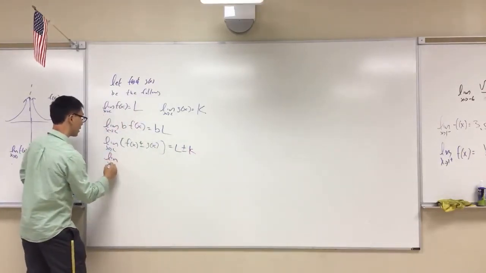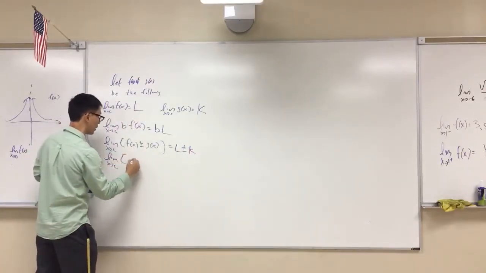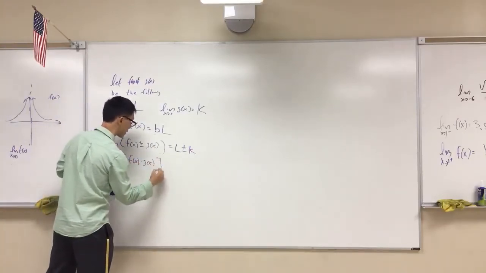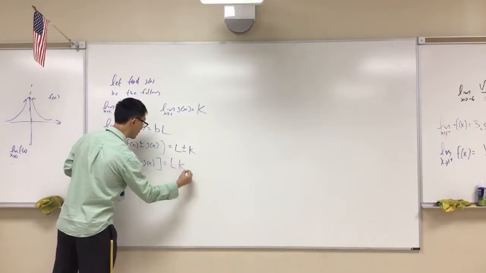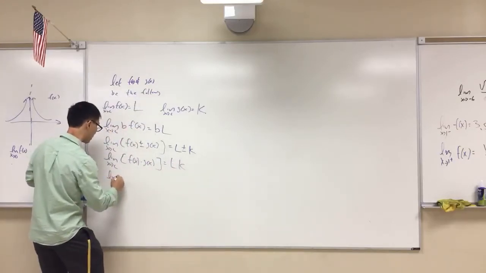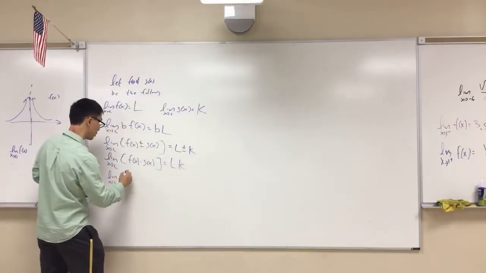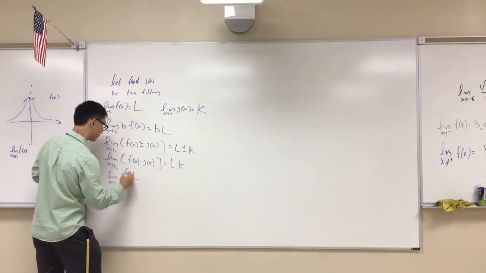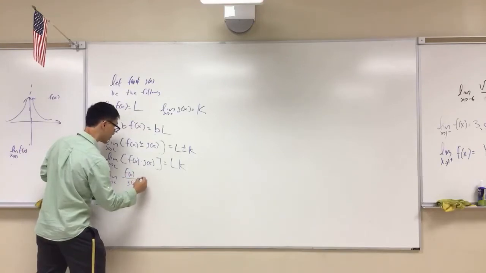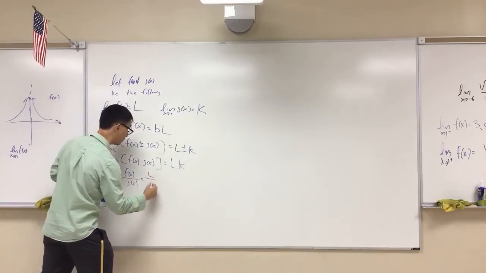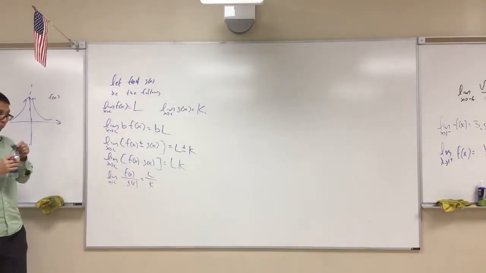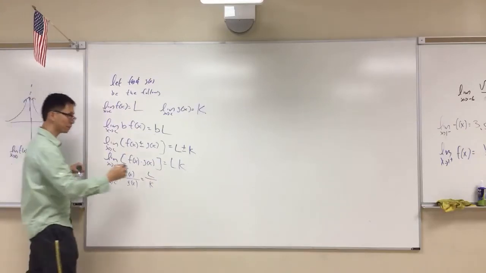Same thing for the limit as x approaches c of f of x times g of x. That's going to be L times K. And the limit as x approaches c of f of x over g of x is equal to L over K, but with one condition: K does not equal 0.